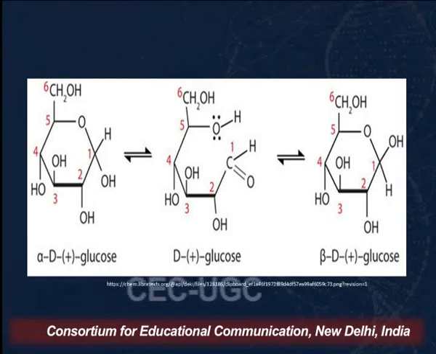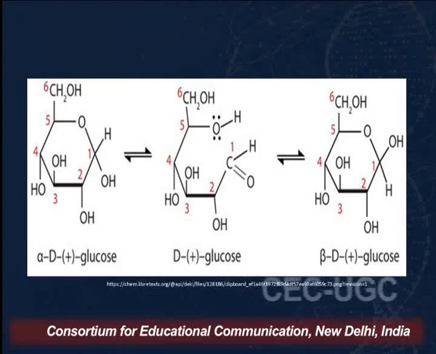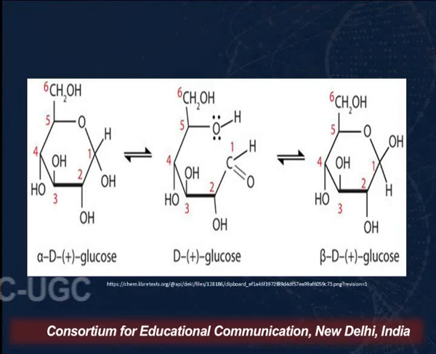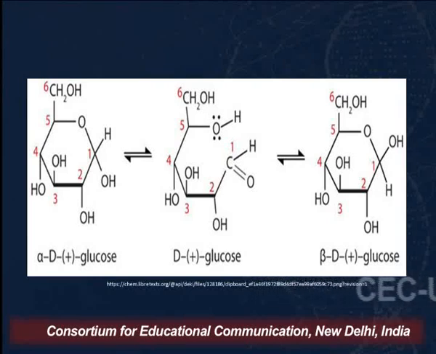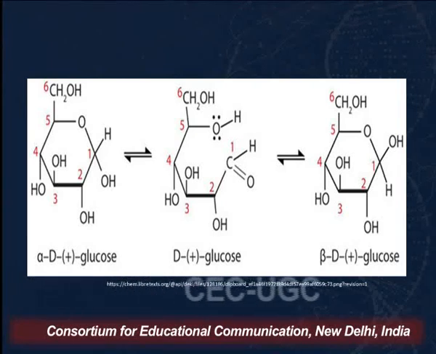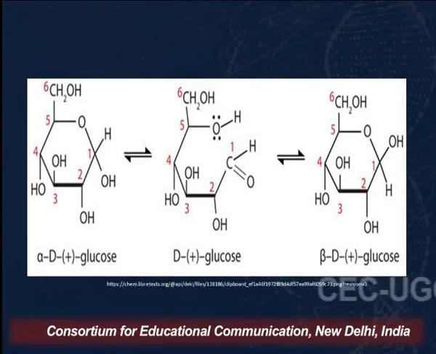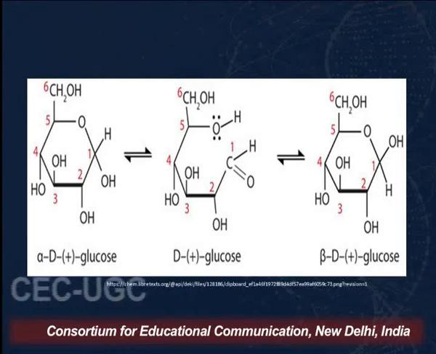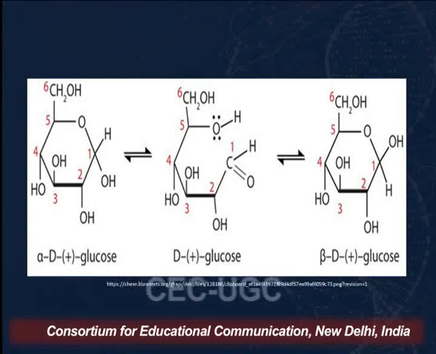Similarly, when a 6-membered ring is formed, that structure for glucose would be more stable than if the ring was formed between the aldehyde group and the hydroxyl group on the 4th carbon or the 7th carbon, which would result in 5-membered rings or 7-membered rings respectively. So that is why the reaction takes place between the aldehyde group and the hydroxyl group on the 5th carbon.